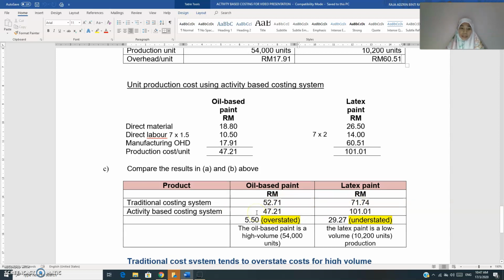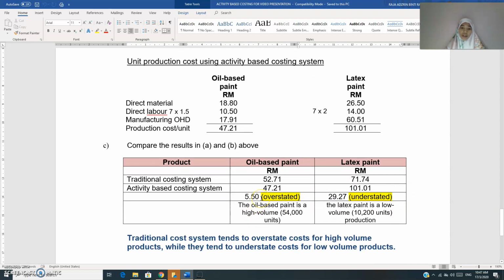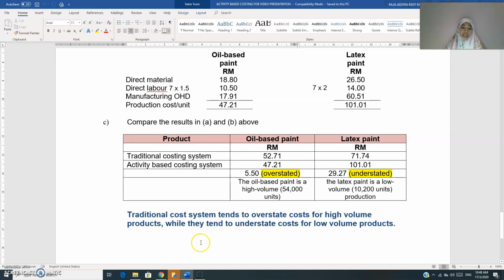Compared with your ABC, you get a difference of 5 ringgit and 50, and that can be said as the traditional costing method overstating your cost, while for latex it has understated by 29.27, and this is the volume for your product. It can be said that the traditional cost system tends to overstate cost for high volume products, while it tends to understate the cost for low volume products.